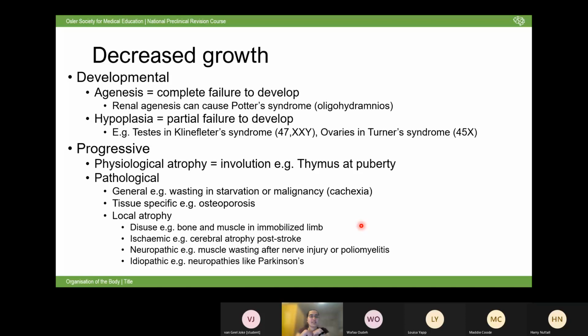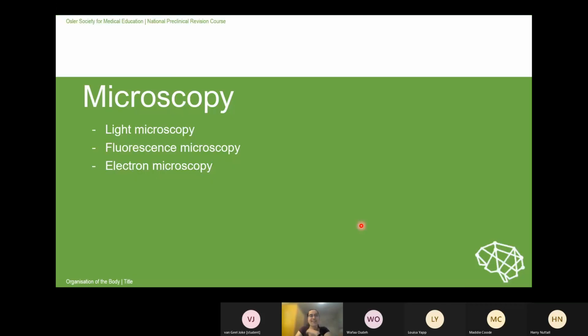So like with Parkinson's and Alzheimer's, and generally we think it's something to do with the accumulation of different proteins like tau and beta plaques. So that is atrophy. And we have reached the final bit, guys, so good going.